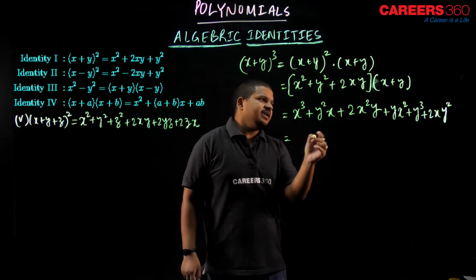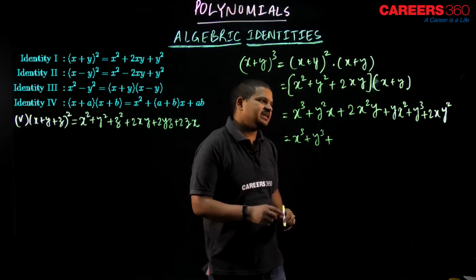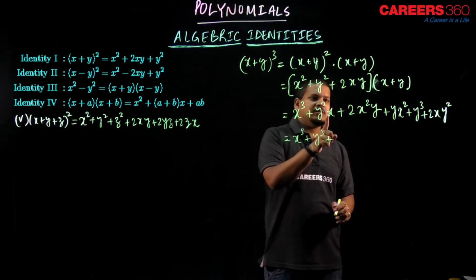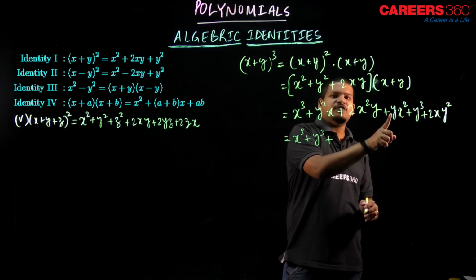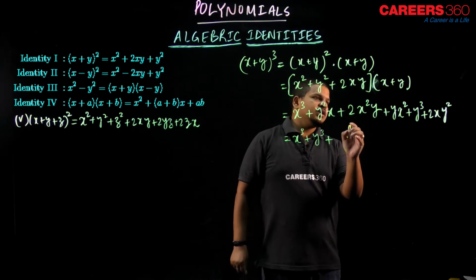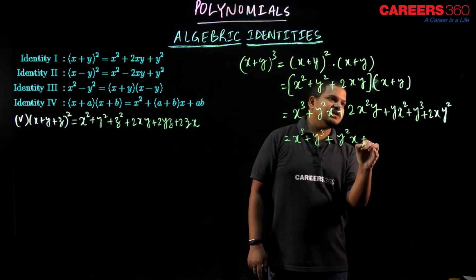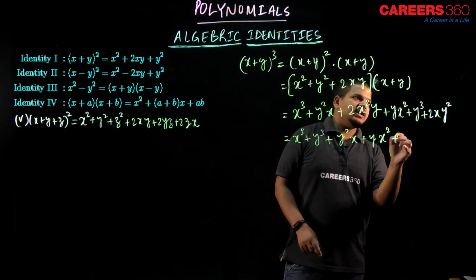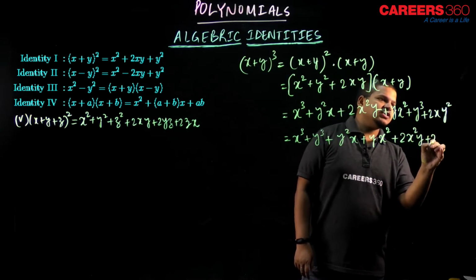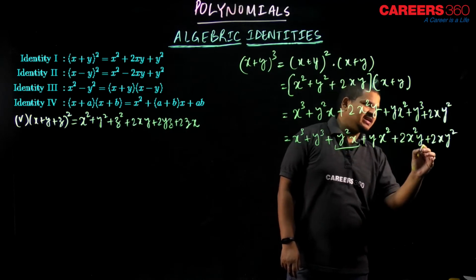Now if I rewrite this expression, I'll get x cube plus y cube, plus y x square and x y square from here, so y square x plus y x square, and then this is 2x square y plus 2xy square.